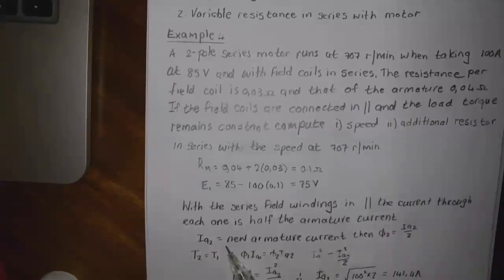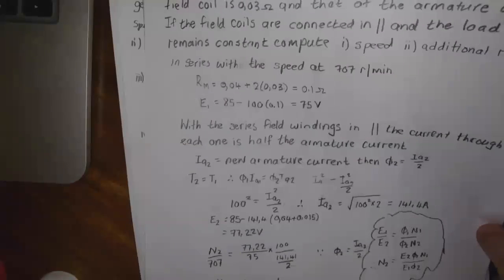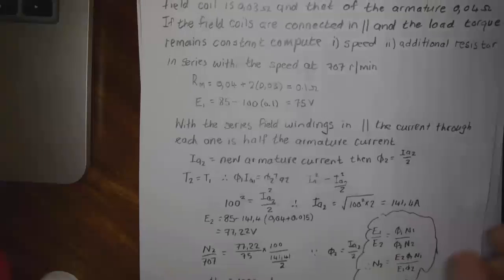Now with the torque the same, we can calculate that 100 squared is IA2 squared over 2.